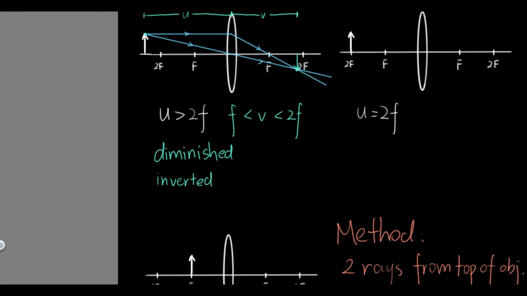For images that we can project on the screen, that we can actually see on the screen, although we can't touch it, it's called a real image, as we discussed in the last video, as opposed to virtual images, which are images that cannot be projected on the screen, and we're gonna soon see which images are virtual. But for this one, we know that it's going to be diminished, inverted, and real.